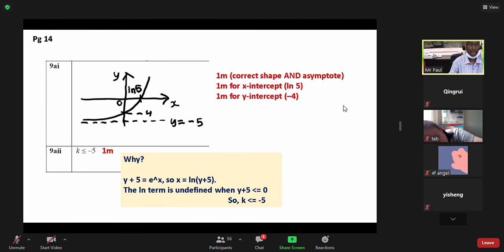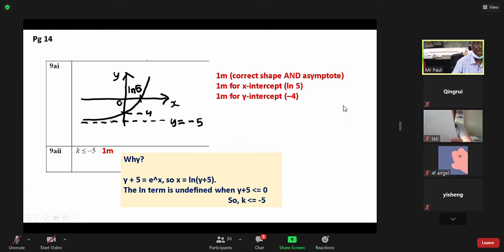Number 9. This was actually an easy question, but the problem is how it is marked. The shape must be correct. Some of you got all kinds of funny shapes. You got exponential, then you got here. If you don't have your asymptote, this is your asymptote. What does asymptote mean?